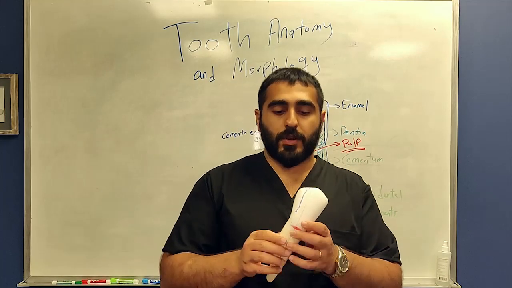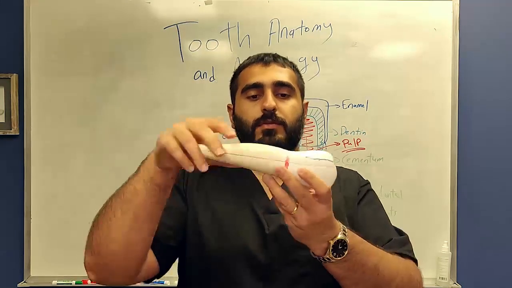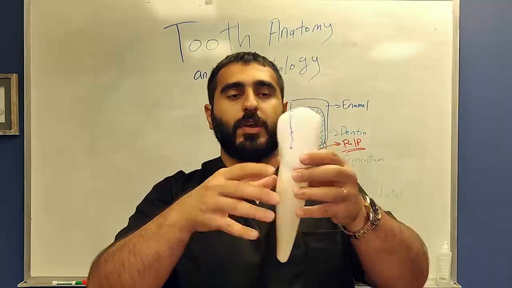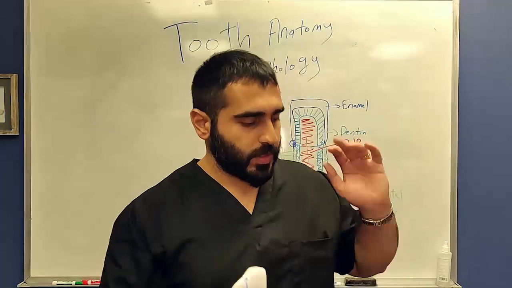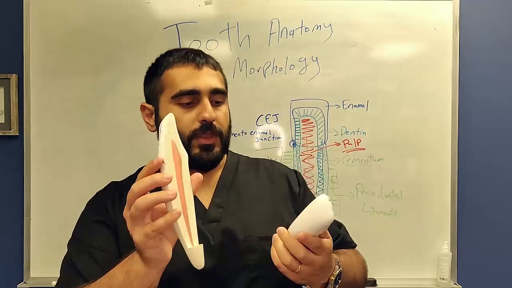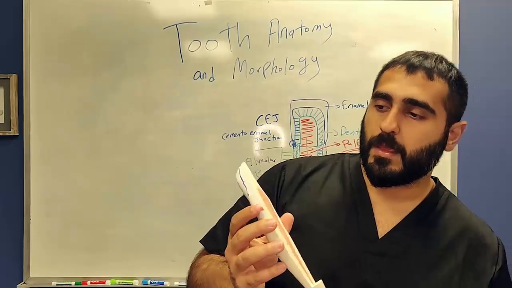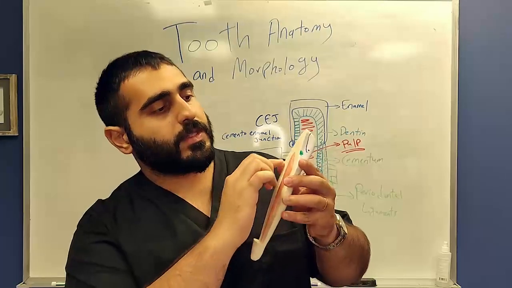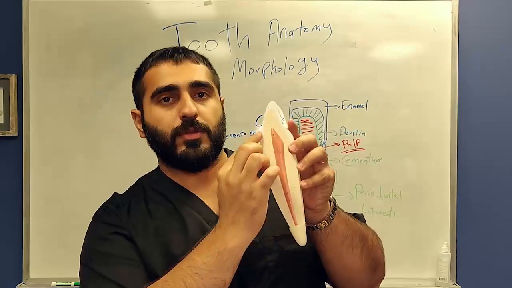So just to give you a better understanding, this being a tooth, I'm not going to go into detail about what tooth it is because we will get to that. But if we open it and look at the inside, this outer layer here would be the enamel.